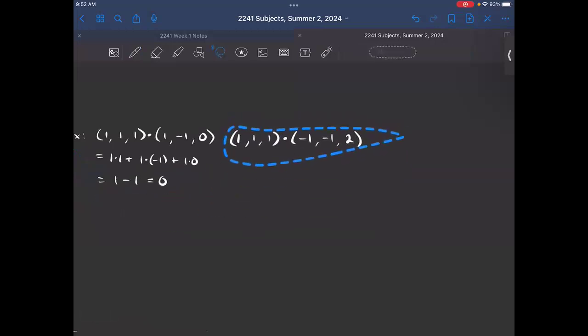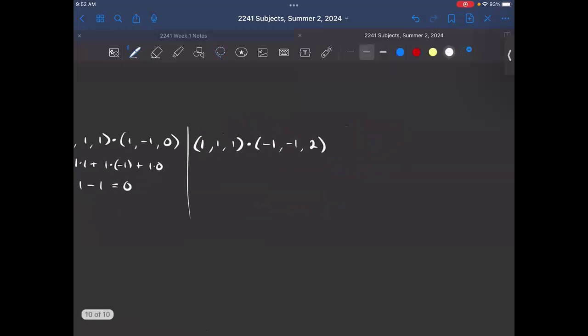Let's move this up a little bit. So what about this dot product now? Well, I get 1 times negative 1 plus 1 times negative 1 plus 1 times 2. That gives me negative 1 minus 1 plus 2. Well, yep, that is 0.